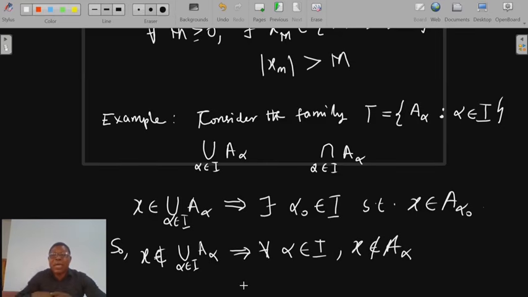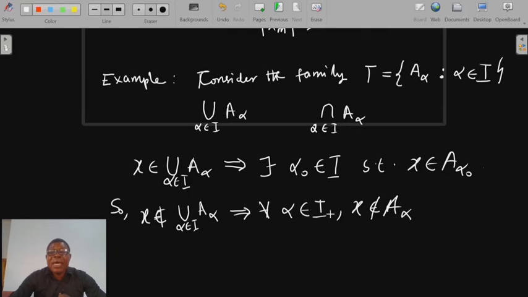So x not in that union means that for any alpha in I, x is not in A alpha, meaning that none of them contains x. And therefore x will miss being in their union, because their union is the collection of all the members of those sets.